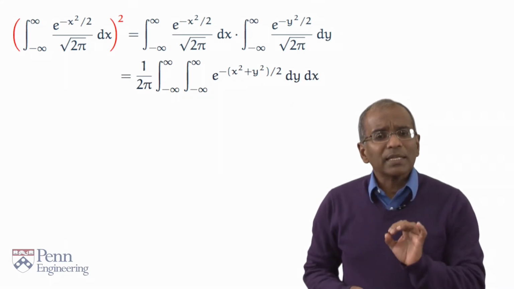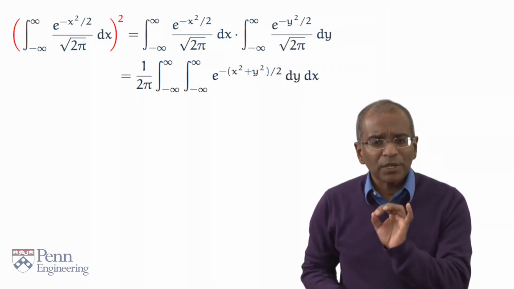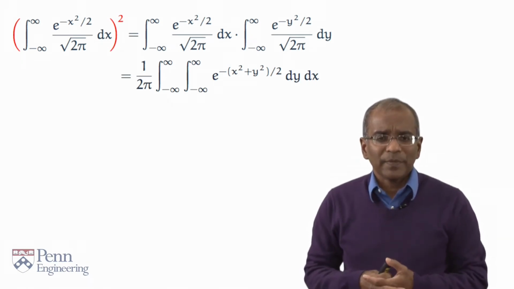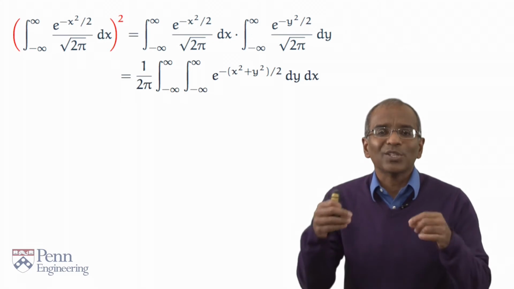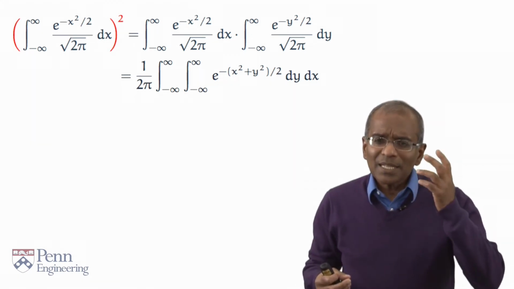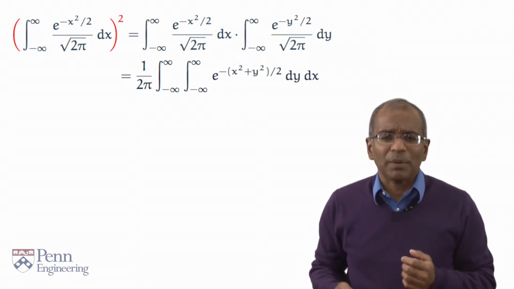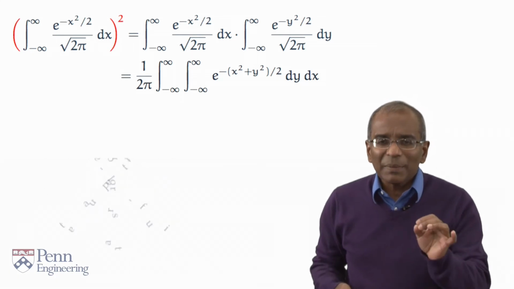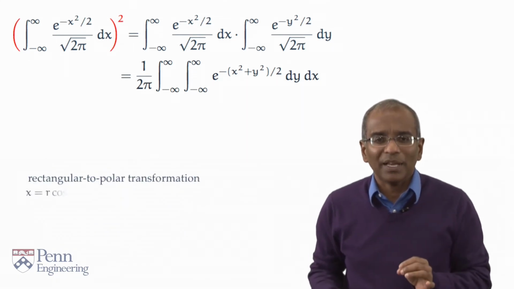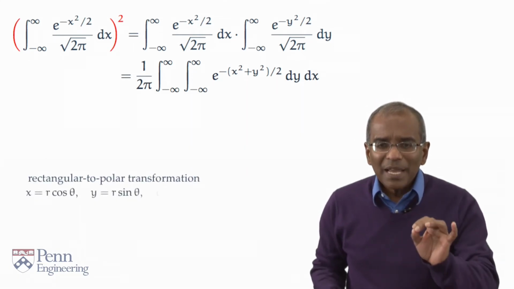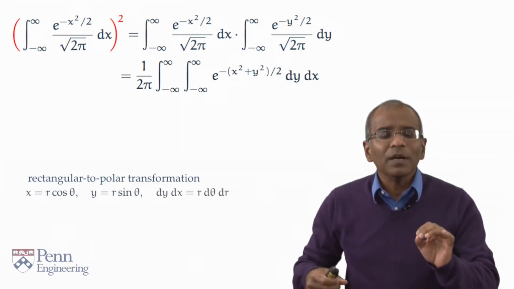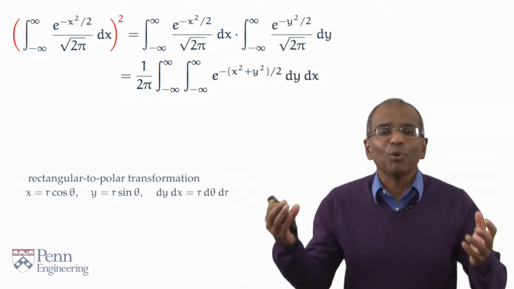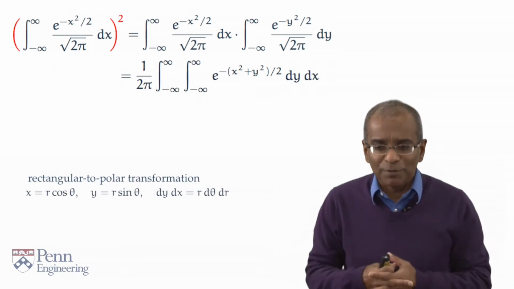Take a look at the integrand, in particular the exponent. It's x squared plus y squared. Does that ring a bell? Does that remind you of something? Maybe an atavistic tug at memory. Maybe you're reminded of a rectangular to polar coordinate conversion.